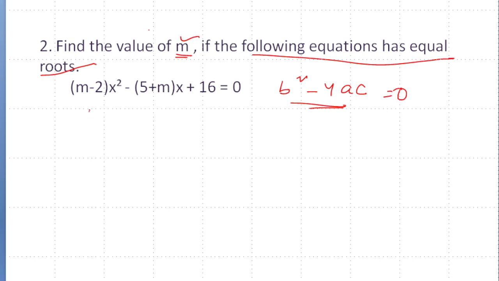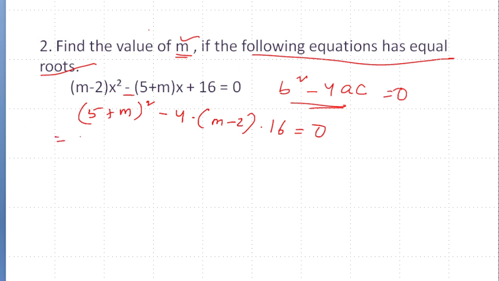What is b? 5 plus m whole square. Minus square it will come automatically, here minus is there, so minus square will come plus. So we will take 5 plus m square minus 4 into a is m minus 2, c is 16, which is equals to 0.